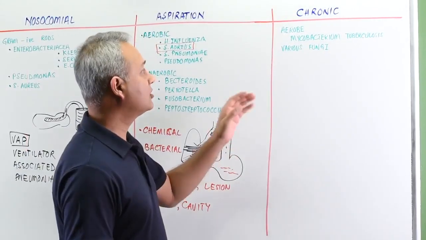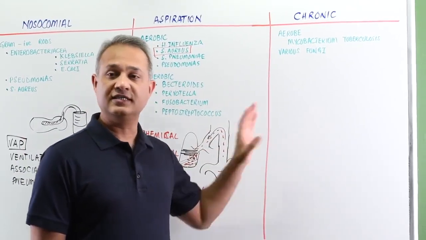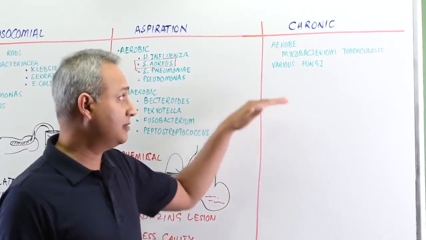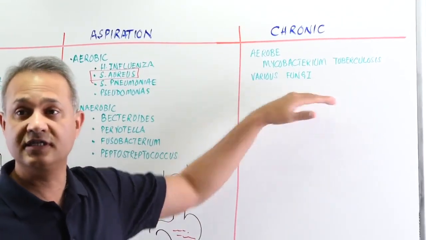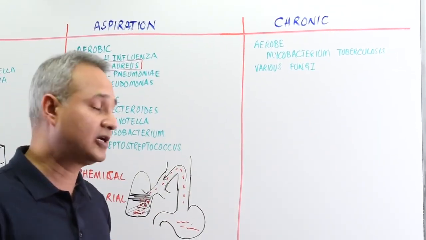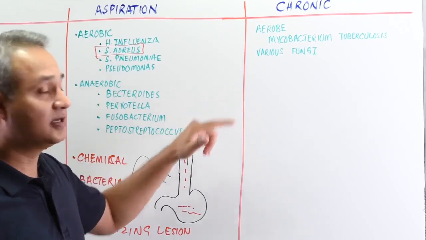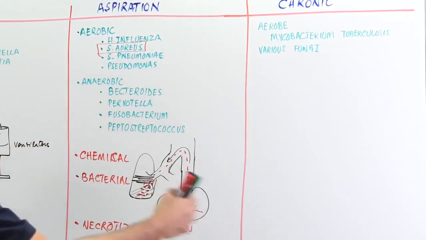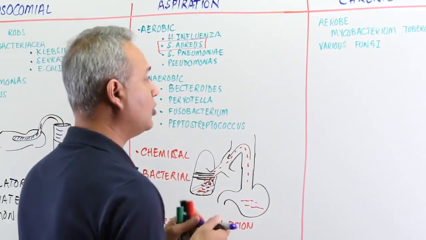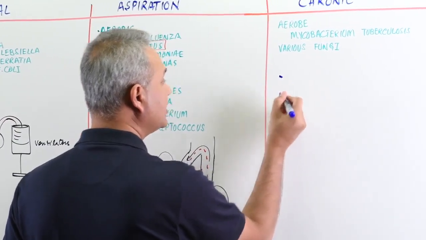All right. So now on the chronic pneumonias, this is something that we'll do in detail as well. The pathogens, Mycobacterium tuberculosis and some fungi, we'll work on them separately too. However, over here, there are a couple of things in this context that you should know. Number one, the definition of chronic pneumonia.